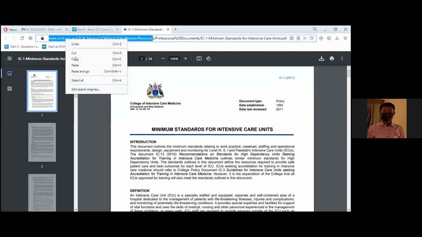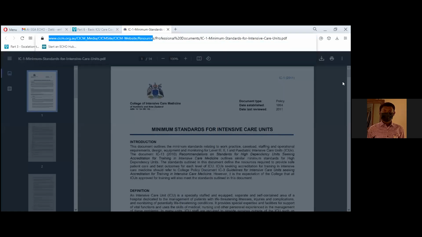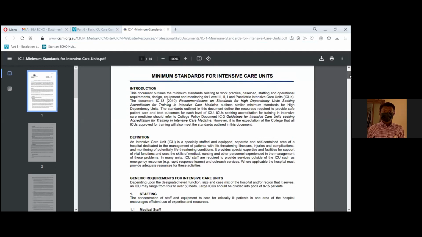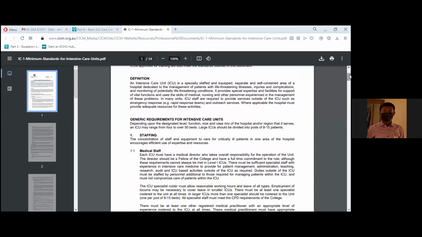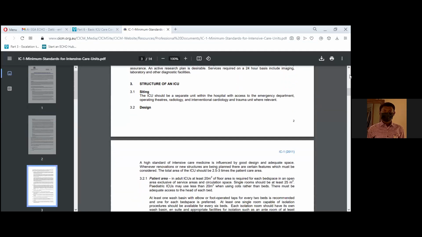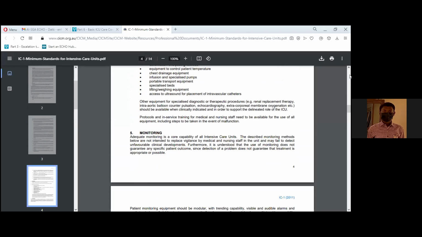This is a reference document on the minimum standard for intensive care unit. It talks about the minimum equipment required, the staffing, and everything about the design of ICU. So it's a very resourceful material. We should all download it and have a check on what it contains.